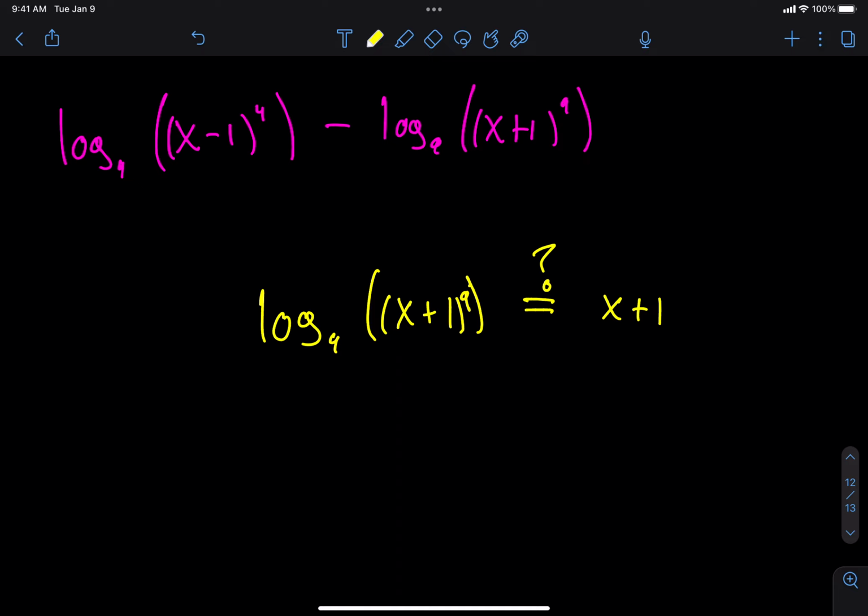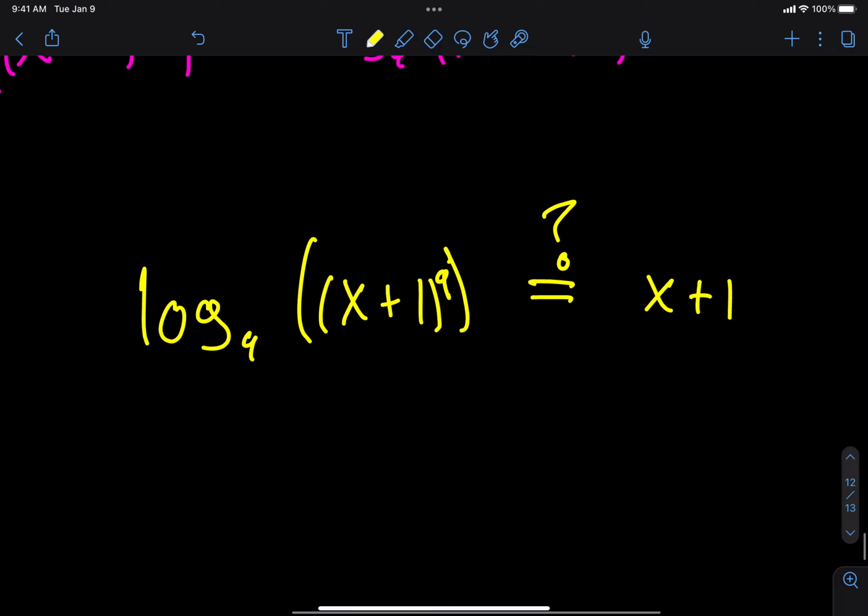The power on the inside is the same as the base. Do they cancel out or not? I do not think so. Okay, how could we fix this statement? By just changing the left-hand side.